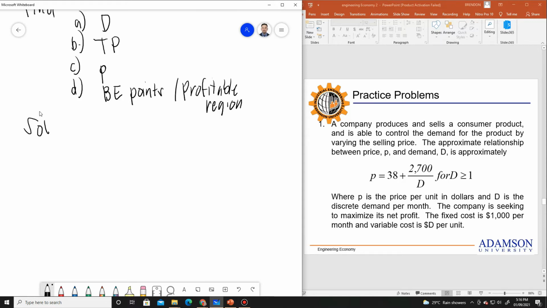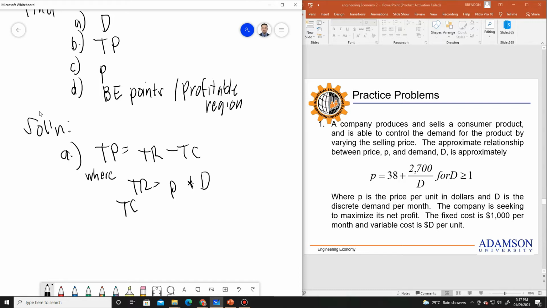For A, we will use the formula TP equals TR minus TC, where TR is P times D and TC is the total cost.